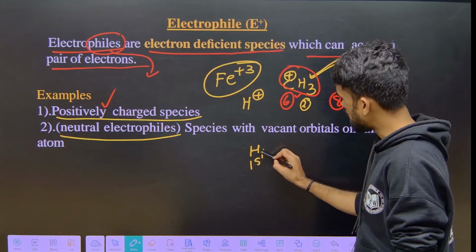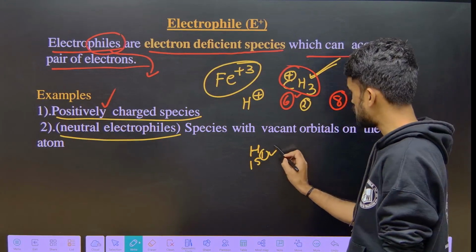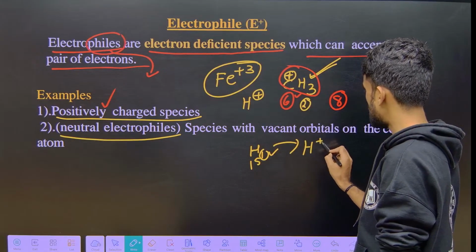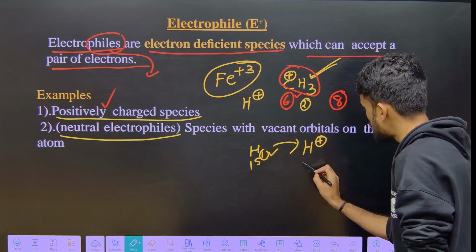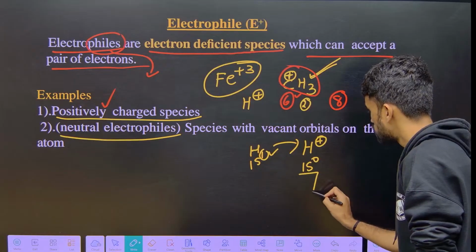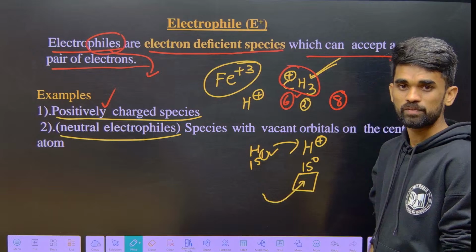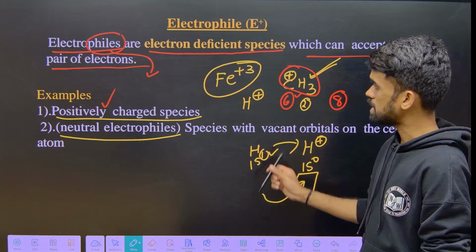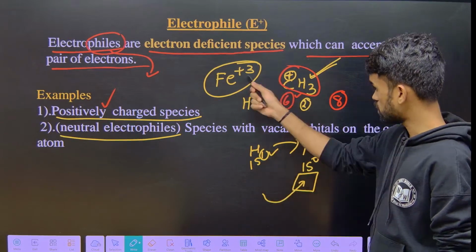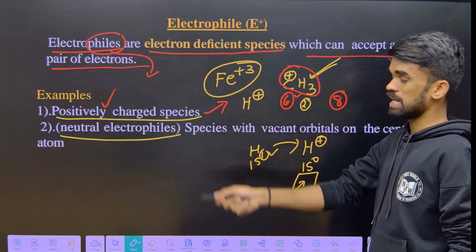This electron is removed so that it becomes H+, like a proton, and the 1s orbital becomes empty. So now it is ready to accept a pair of electrons from others. So that is also an electrophile. This is about positively charged electrophiles.